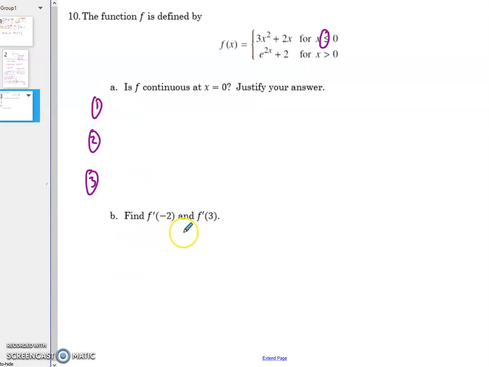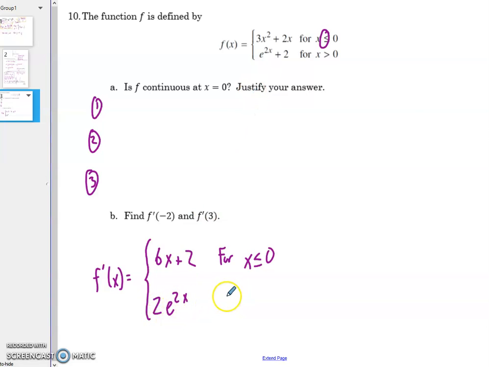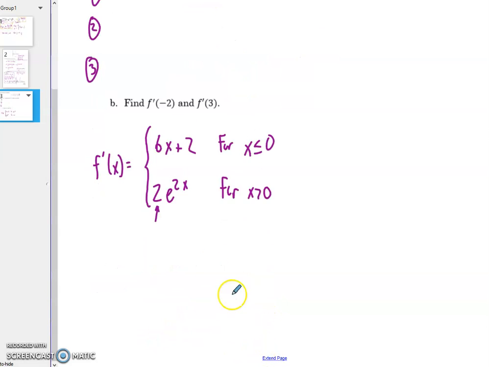But this one is like what I did here, because it says f prime and this is f of x, I wrote a piecewise function for f prime of x. So the derivative of the top is 6x plus 2. The derivative of the bottom is 2e to the 2x. You may be wondering where this 2 came from. The answer is the chain rule.